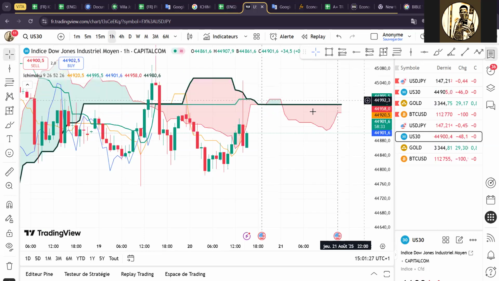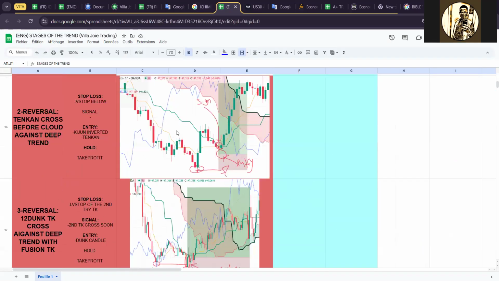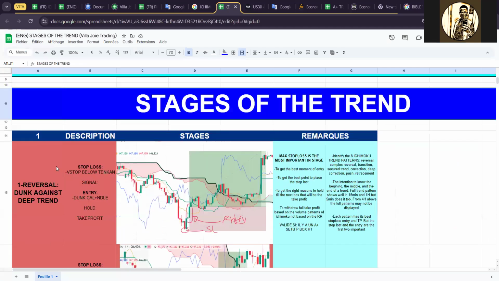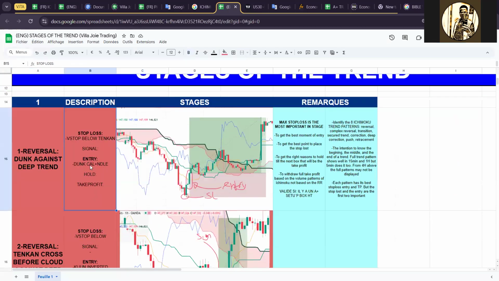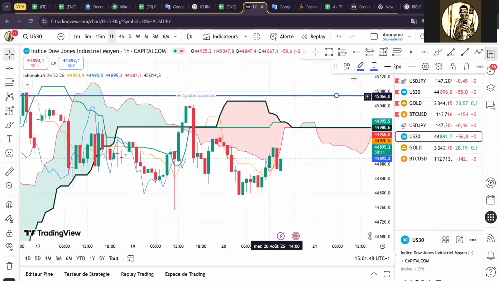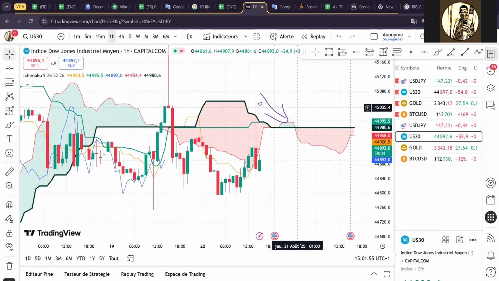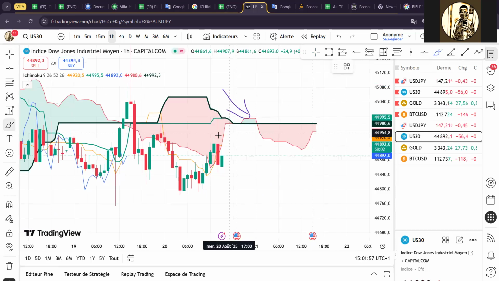Okay, so I'll just call this phase a, which phase is it? It is the reversal dunk against the deep trend. No, it is not. Or is it that? The deep trend is to the downside. The deep trend here is to the downside, right? In 1 hour, I'm looking at it in 1 hour.